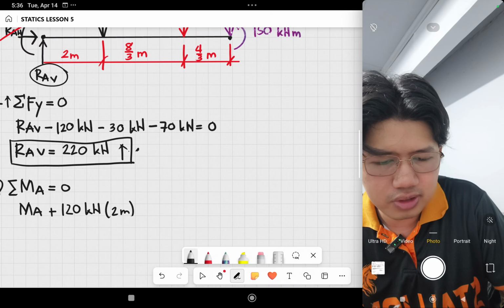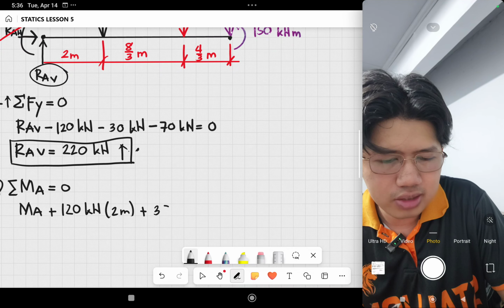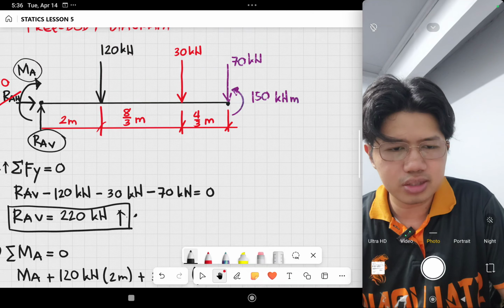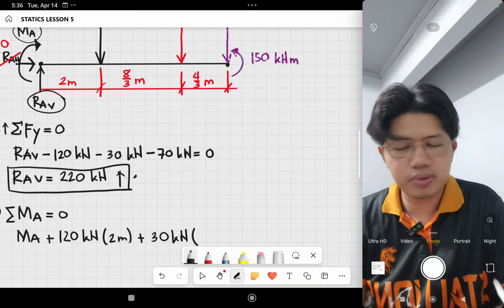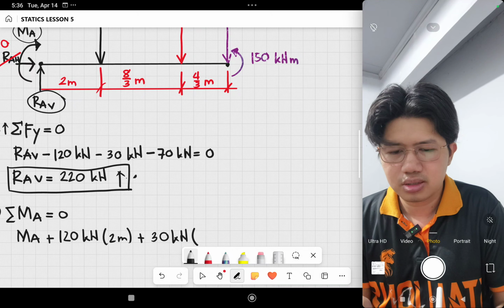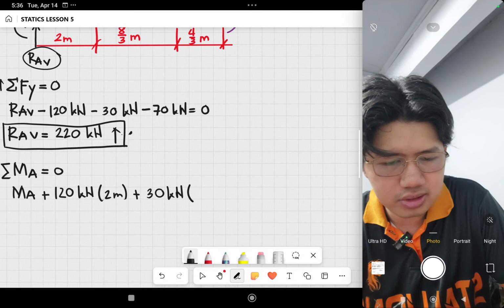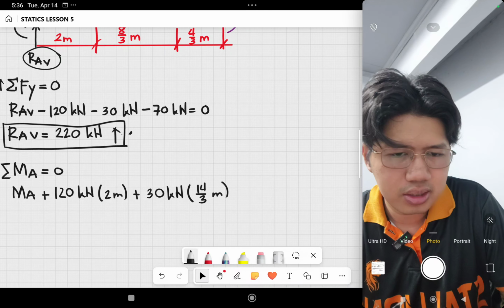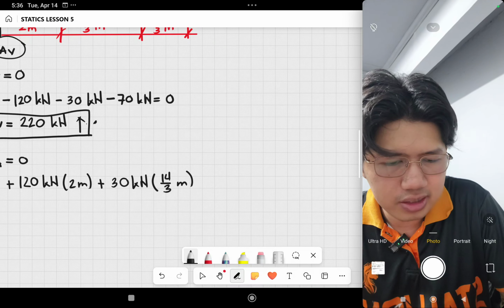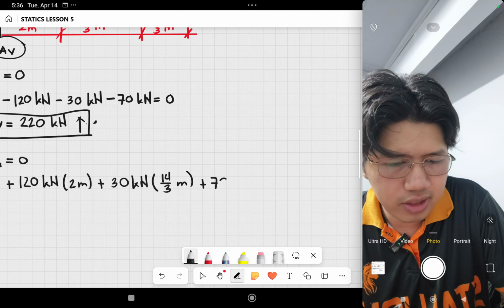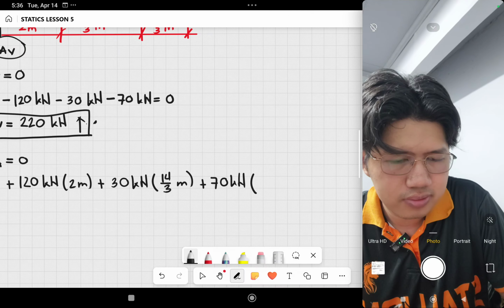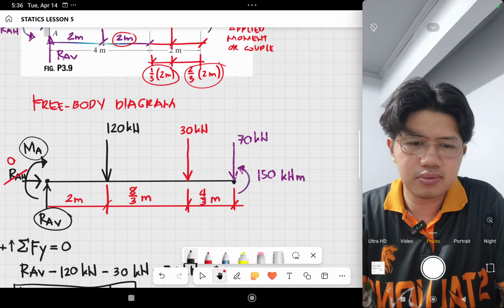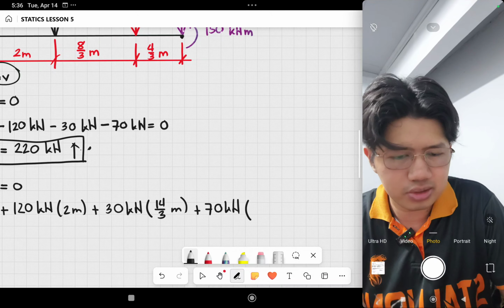And then we have plus 30 kilonewton. The distance ni 30 kilonewton, that is 2 plus 8 over 3. That is 14 over 3 meters. And then we have plus 70 kilonewton. Distance niya, that is 4 plus 2, that is 6 meters.